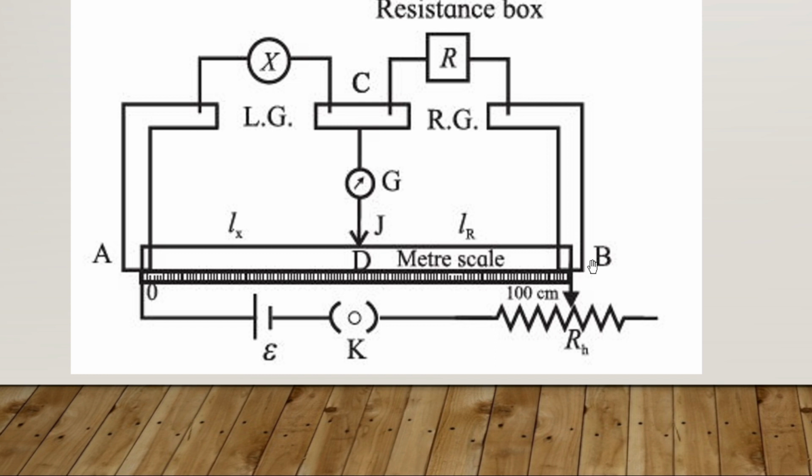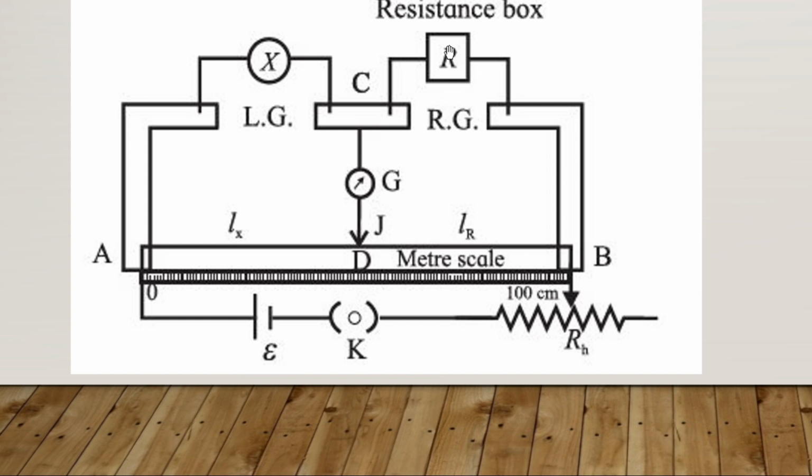Remember one thing: in the experiment video, we have taken this point as A, this point as B and this point as C. So in that video we say that the meter bridge has a wire AC. Here the unknown resistance X is connected in the left gap.